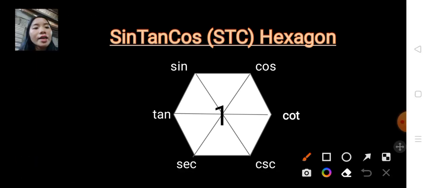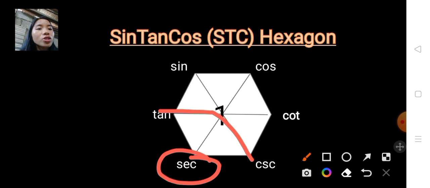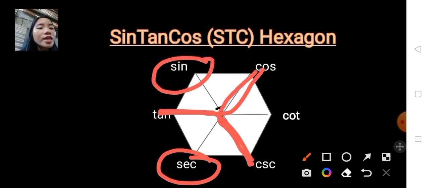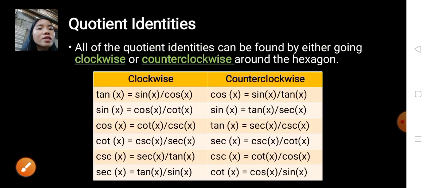If we multiply tan to cosine, the result is sine. If we multiply cos to cosecant, the result is cotangent. So, that is the product identity.